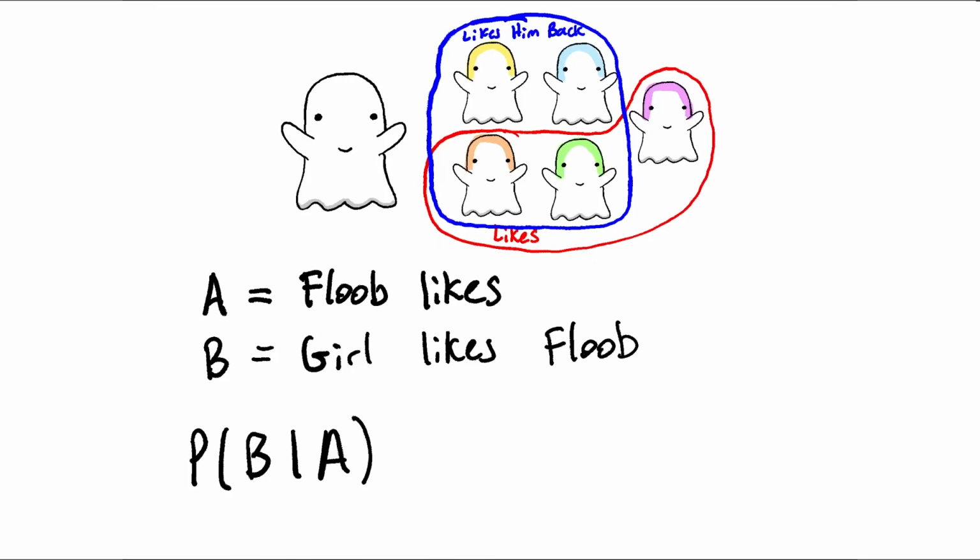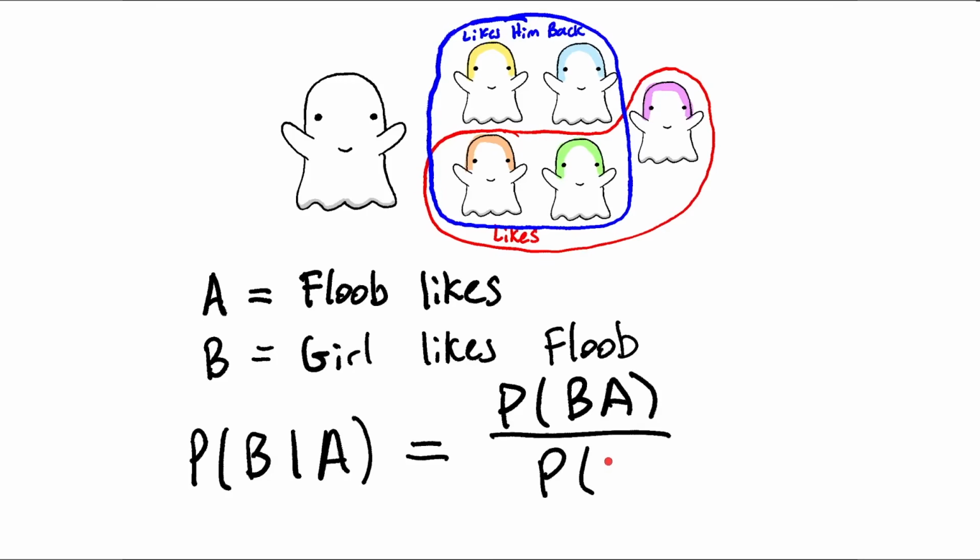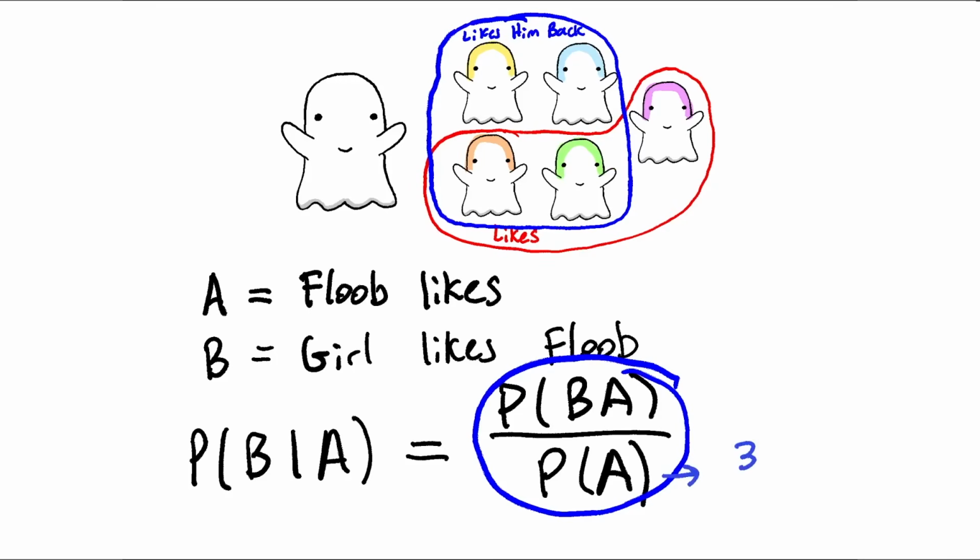Now from our formula that we saw earlier, this probability is equivalent to the probability of B and A over the probability of A. So how can we find this term right here? Well, what's the probability of A? What's the probability that Floob likes a girl? He likes 3 out of the 5 girls. So the probability of A is 3/5.